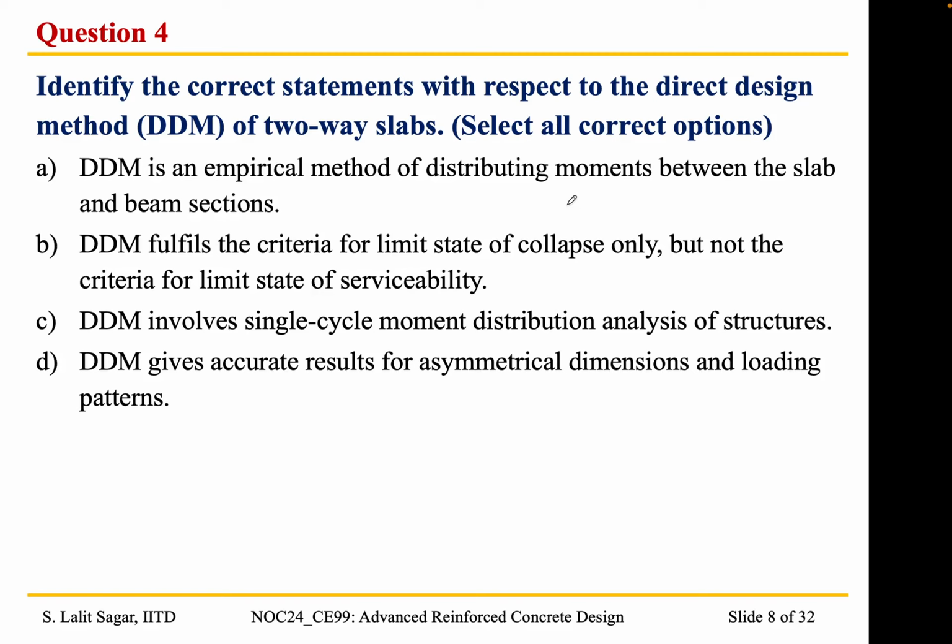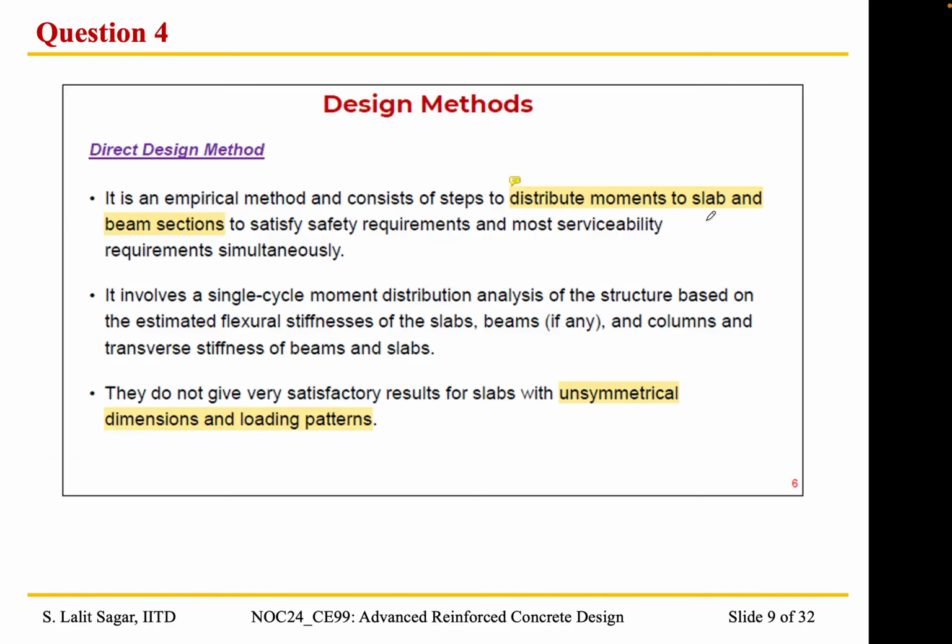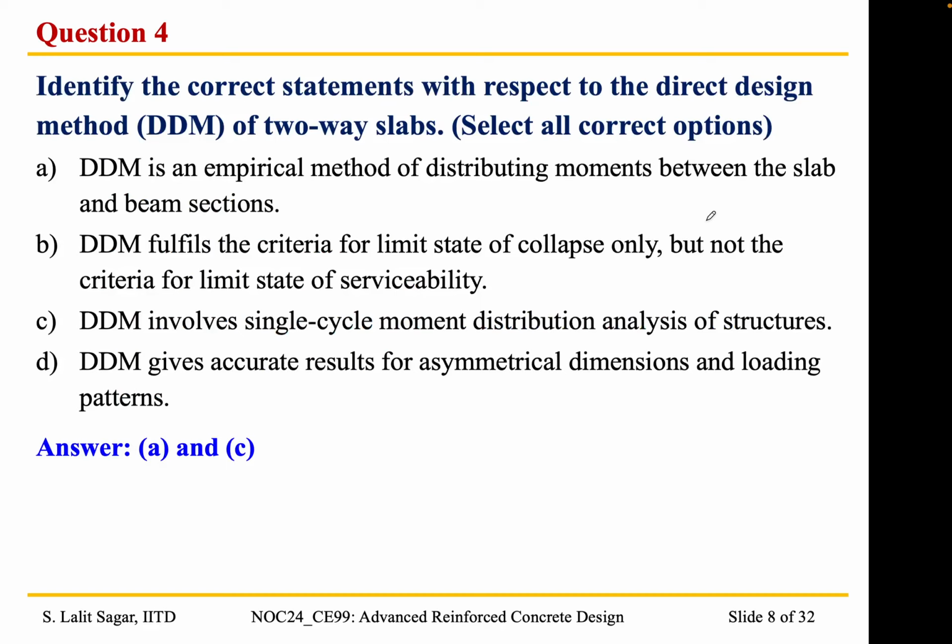A and C are correct, sir. Okay, thank you for the response. Yes, absolutely, A and C are the right options, because it is an empirical method of distributing moments between the slab and the beam sections, and then we will design the slab and beam accordingly depending on the moment that is acting on these members.